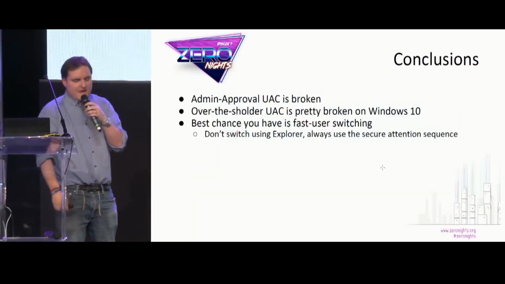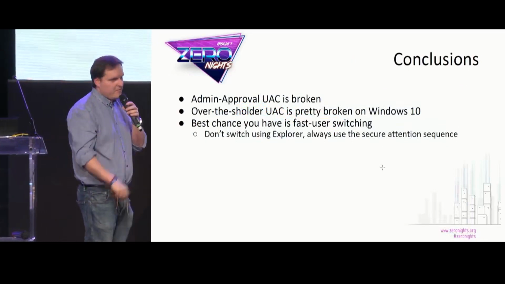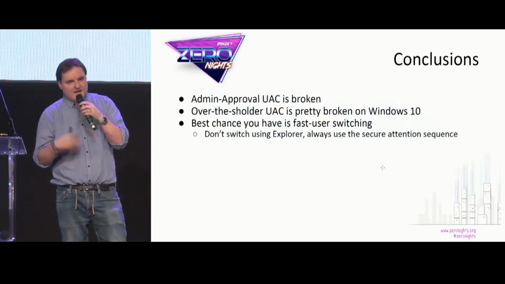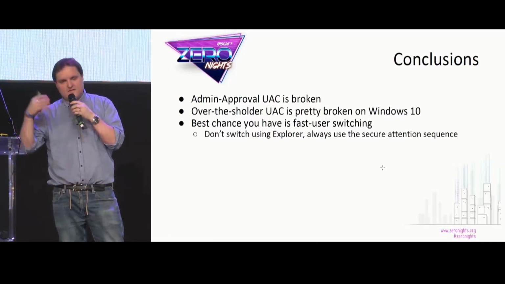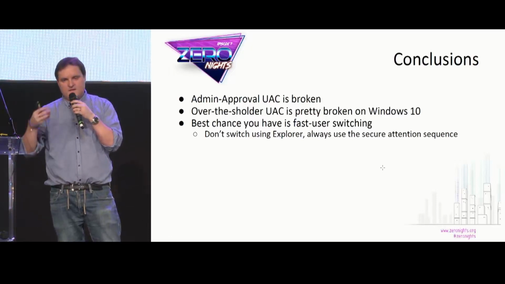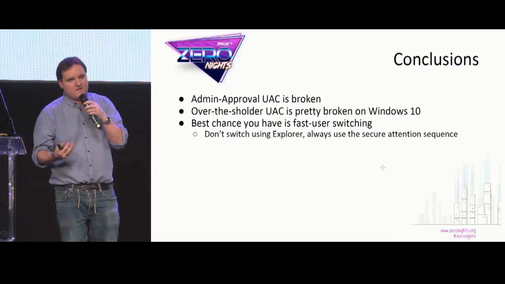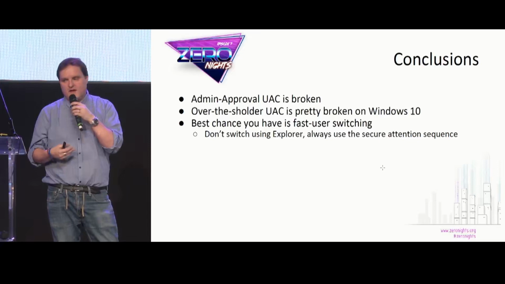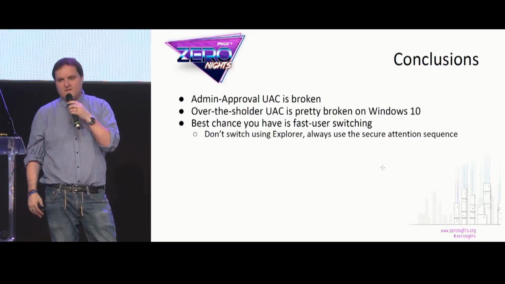So yeah, admin approval UAC, as everyone probably guessed, is completely broken. And it's not entirely clear if Microsoft are going to fix this, because this is still working in RS3, so this is the Fall Creators Update. They're obviously rolling out RS4, the insider builds for that. Who knows whether it's going to get fixed in the meantime.